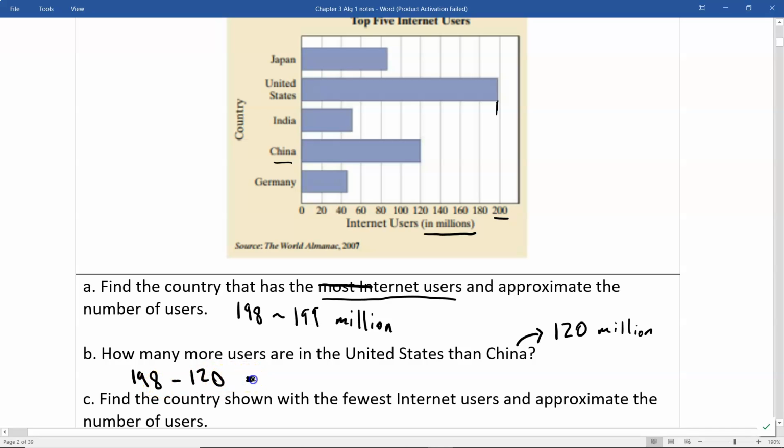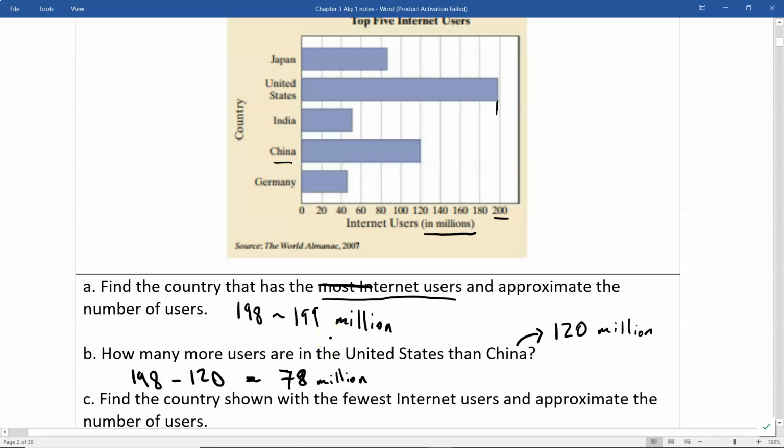And this would be roughly about 79 million. Oops, I did my addition wrong. 78 million is what I meant to say.